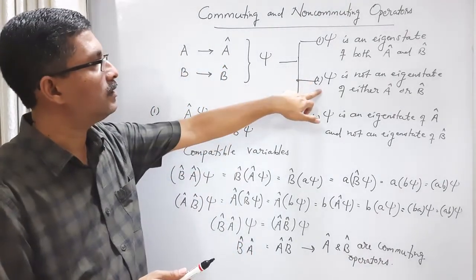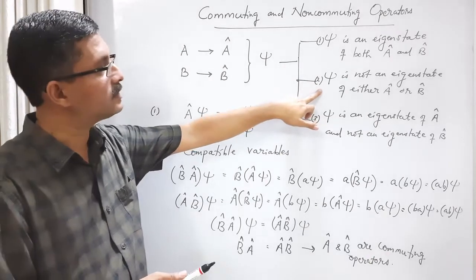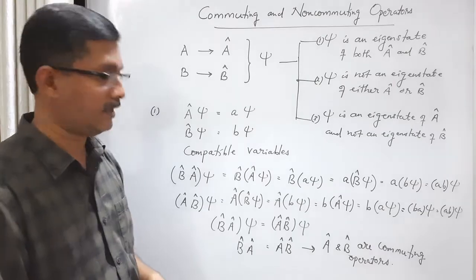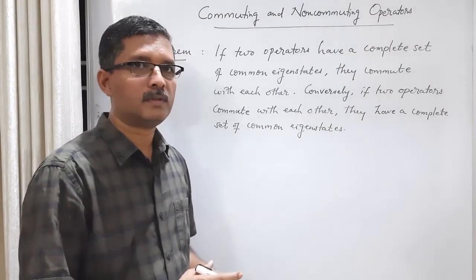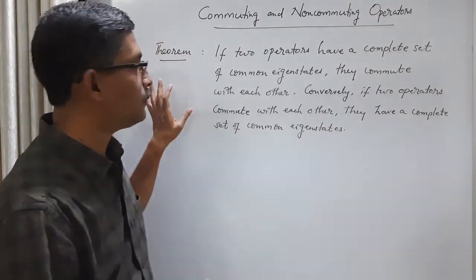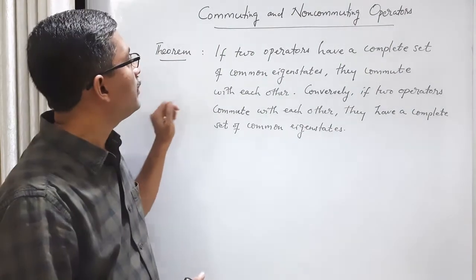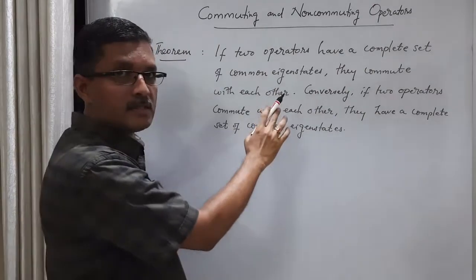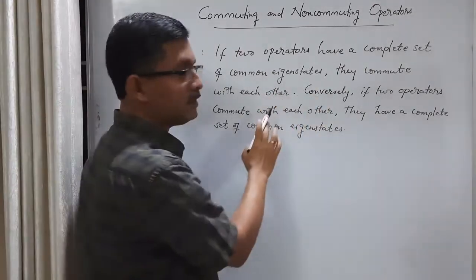Now let us go to the next possibility. Psi is not an eigenstate of either A or B. Before going to the second possibility, let us pause here and consider this theorem. If two operators have a complete set of common eigenstates, they commute with each other.